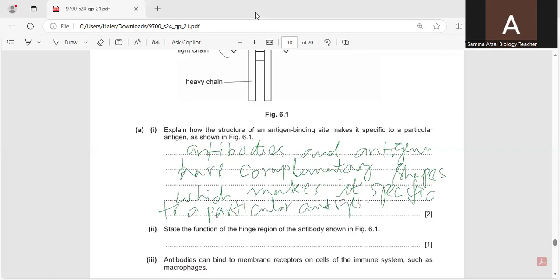Because the others which are not complementary in shape will not attach to that site. Only the antigens which are complementary to this shape, or which have the same shape, will be attached to that antigen binding site. Otherwise, they will not be attached. So different substances or different amino acids which are different in shape will not be attached.